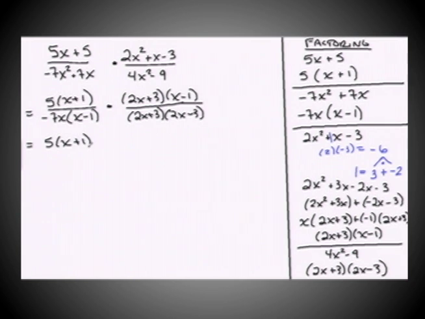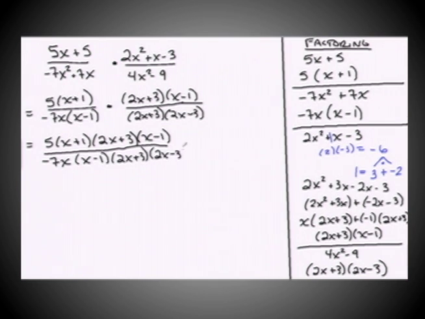You multiply fractions straight across, so we'll just go ahead and multiply that (2x plus 3) and then the (x minus 1) on the end here. And that will be divided by negative 7 times (x minus 1) times (2x plus 3) times (2x minus 3). All right, so second step complete.